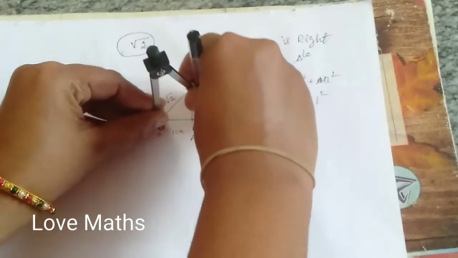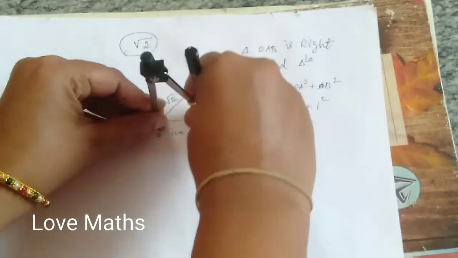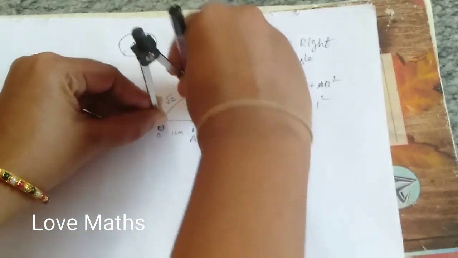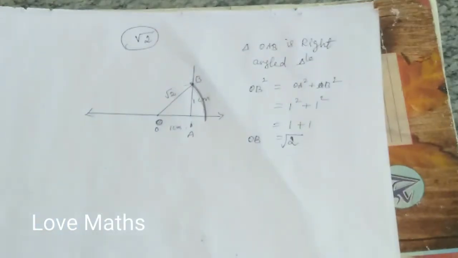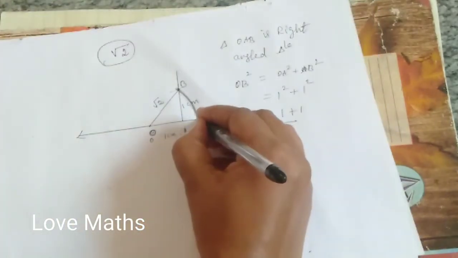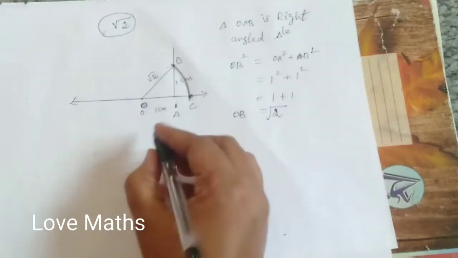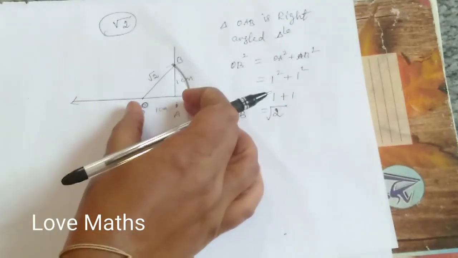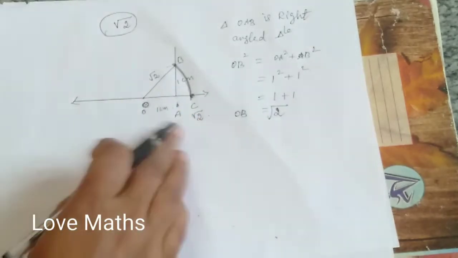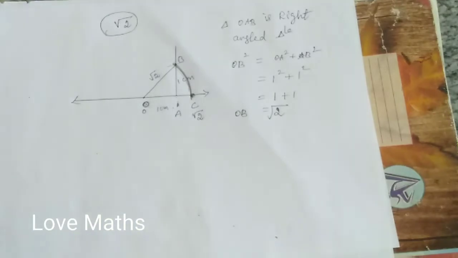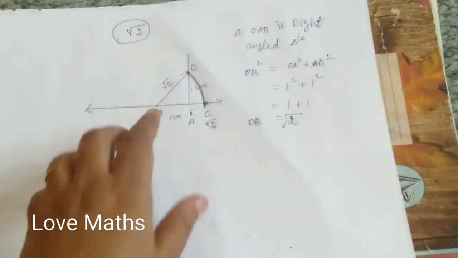For dark I drew it 2 to 3 times, you don't need to draw like that. This is the intersecting point, give it the name C. Now this measurement and this measurement are equal, so this C point will be root 2. Understand how to locate root 2 on the number line?